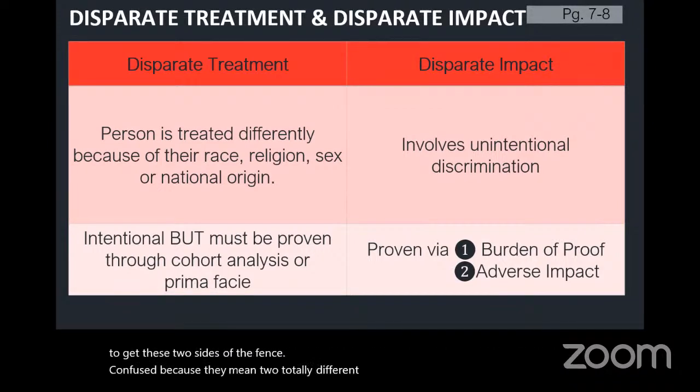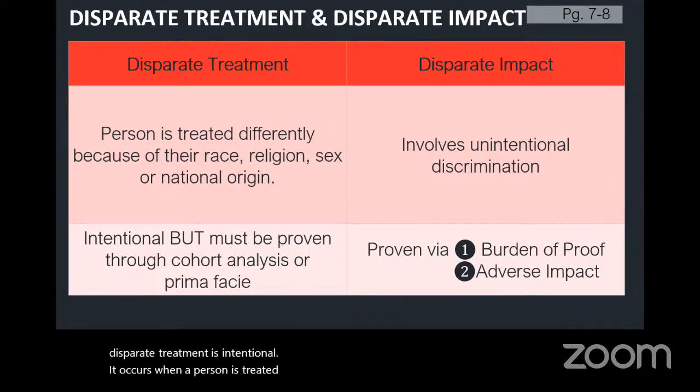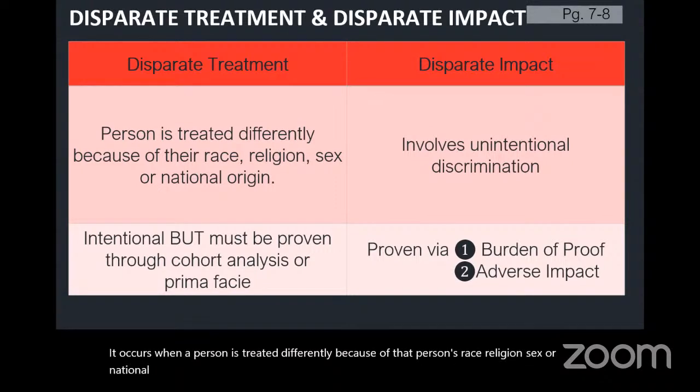As you can see here, disparate treatment is intentional. It occurs when a person is treated differently because of that person's race, religion, sex, or national origin. And so you're going to have direct evidence of discrimination because it shows on its face an intent to discriminate.